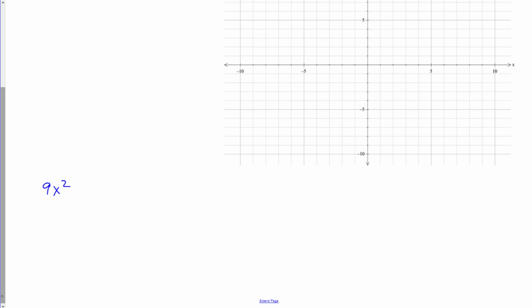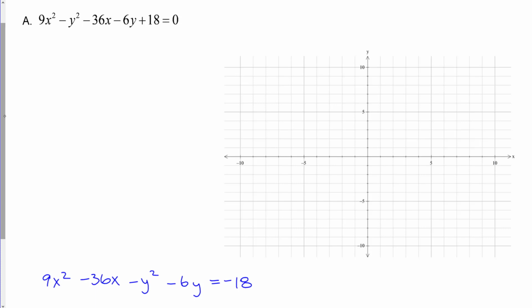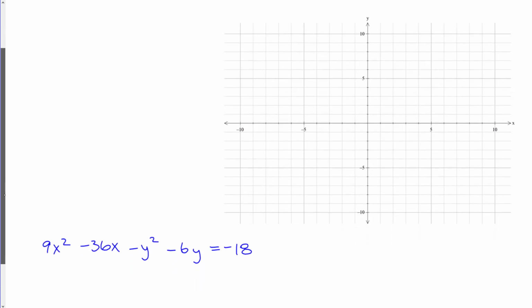So it's 9x squared minus 36x minus y squared minus 6y equals negative 18. And what I did, I just copied the equation down, but I also moved the terms around. So I put the x's together, the y's together, constant on the other side.